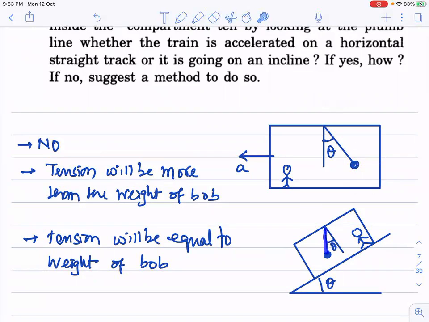Here it will remain vertical because no acceleration, uniform velocity, right? So there is no force in the inclined direction except vertical. So it will remain vertical. So tension will be equal to mg. Mg will be equal to T. Tension less here and more here. Okay, that's all.